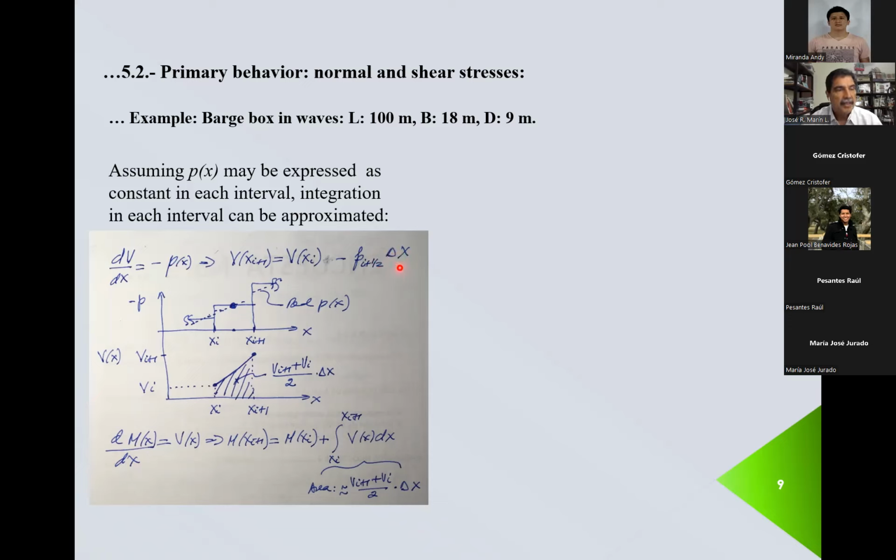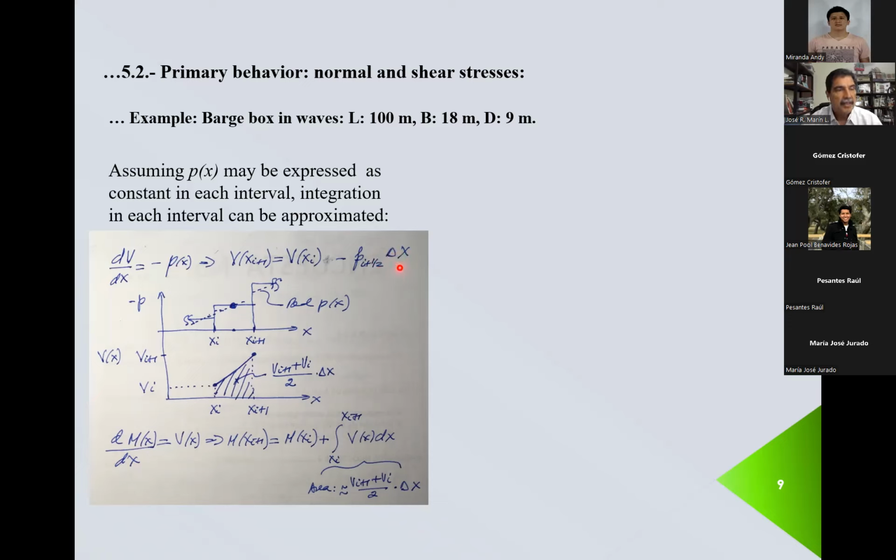Now, after developing this calculation, you can plot the distribution of the shear force. The distribution of the shear force will give you something like this. And instead of having this, we are going to have something with inclination and probably some curvature. But if delta X is small, we can neglect the curvature. So dM/dx is equal to that. Please, this is negative, this is positive, and we can proceed to the integration.